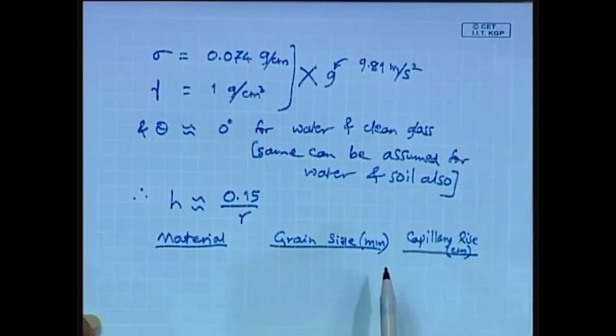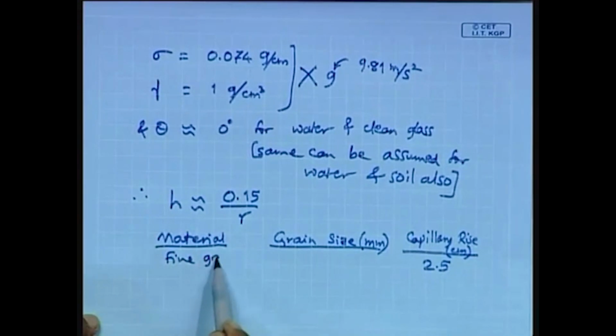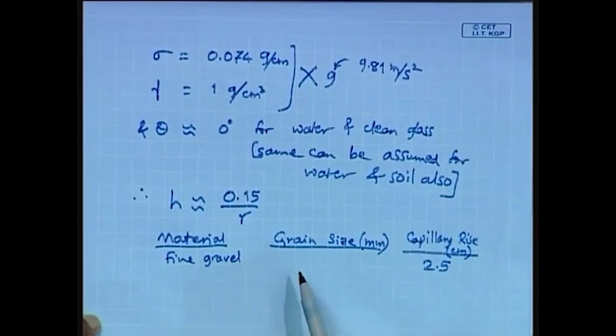On the lowest level, where the capillary rise is as low as just 2.5 centimeter, we have the fine gravel.